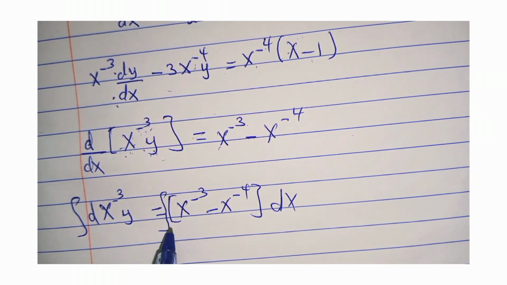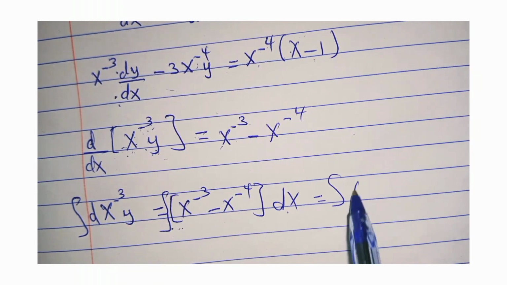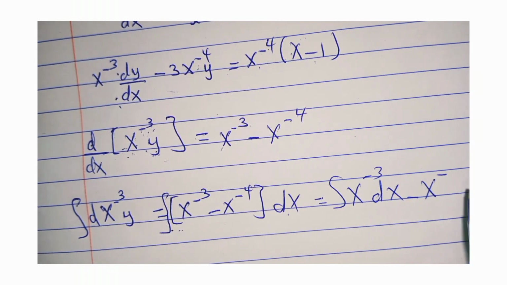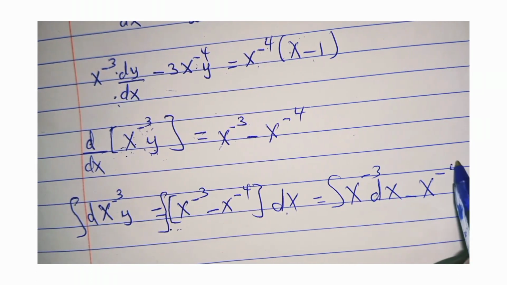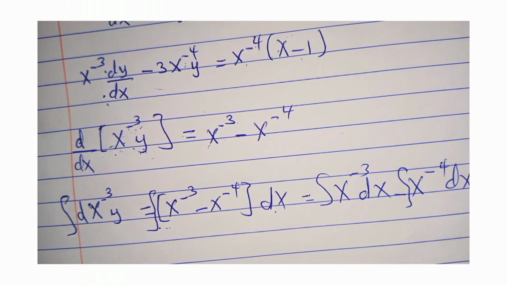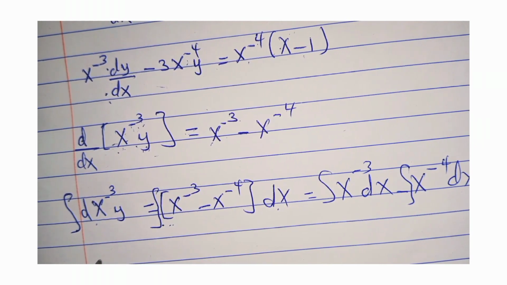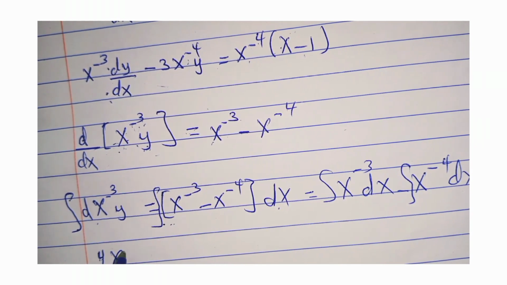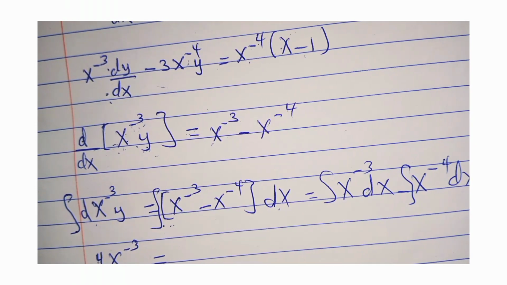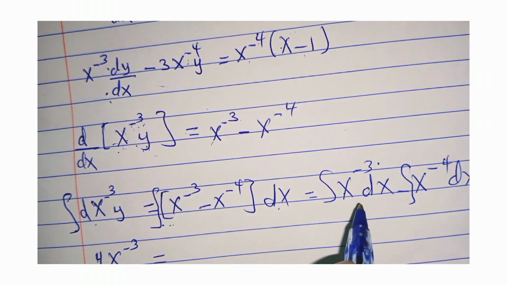Then we can distribute the integration on the right hand side to have the integral of x to the power negative 3 dx minus the integral of x to the power negative 4 dx. When you integrate and differentiate, the result will be that function. So on the left hand side, we will have y x to the power negative 3, which is equal to, here we integrate by the power rule, whereby we add 1 to the index, and then we divide by the result.